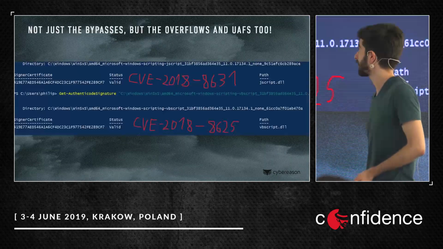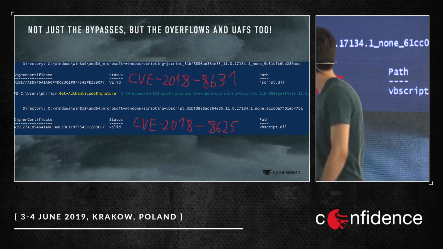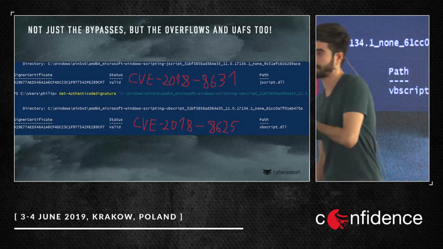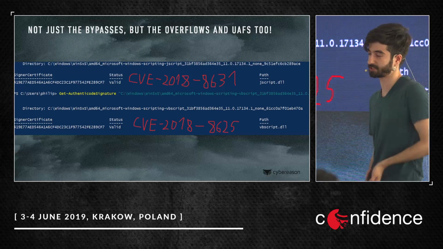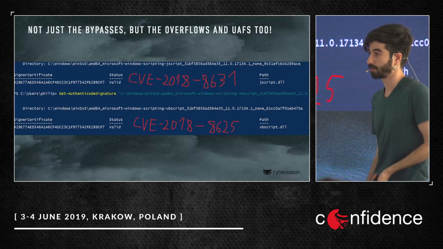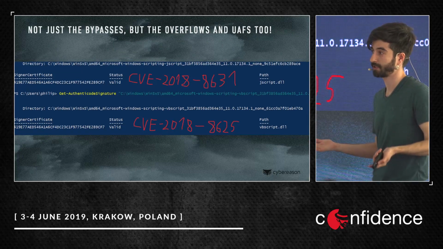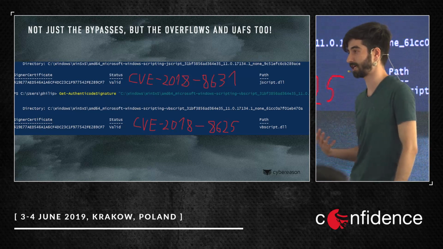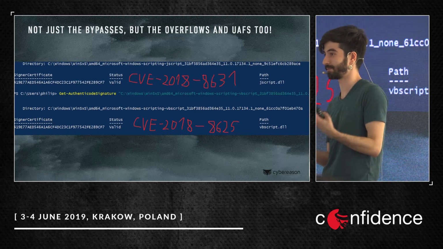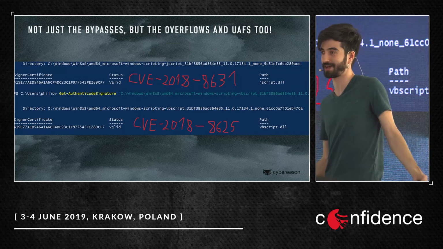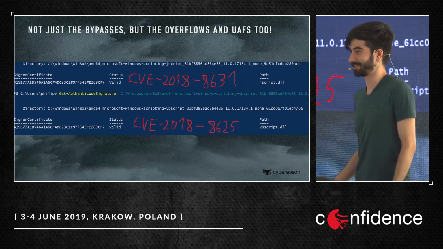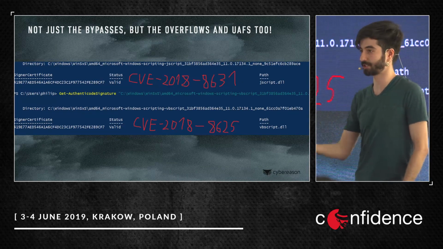But what if I have an RCE? So I think these are two Project Zero bugs in Jscript and Wscript. So what if I have a use after free, and I just abuse that use after free, which still exists in a signed file, and I use it to run my shellcode or whatever.